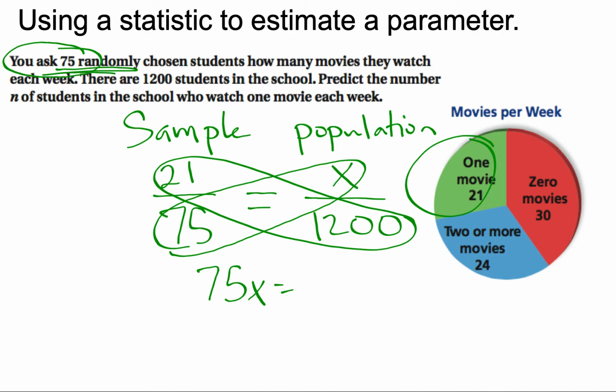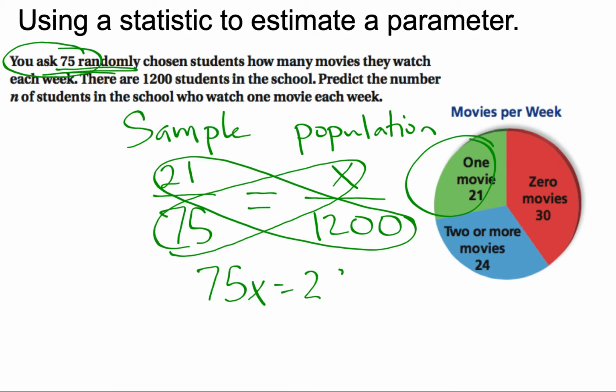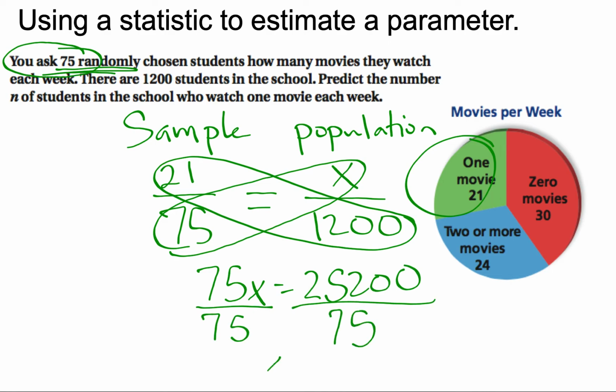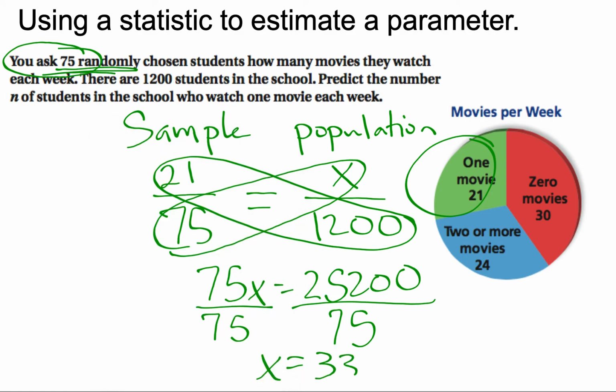21 times 1,200. That's 25,200. And we're going to divide by 75. And we get x equals 336.